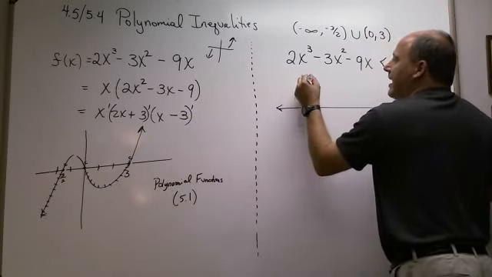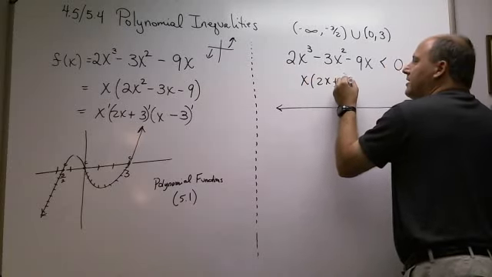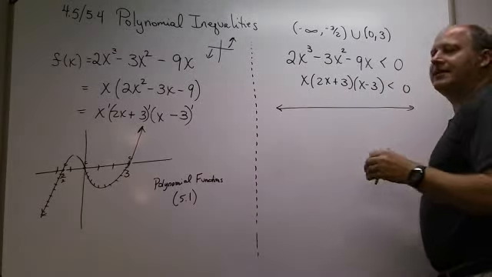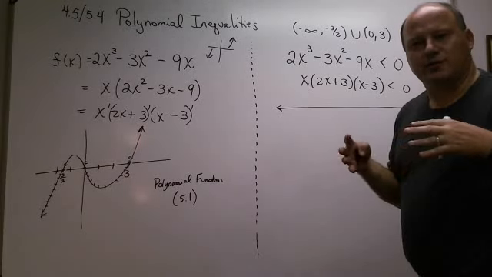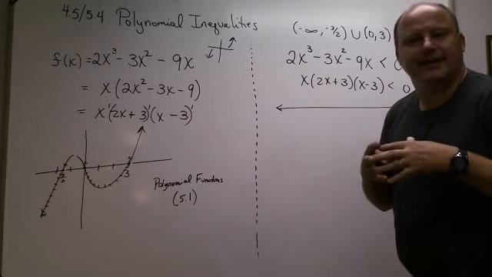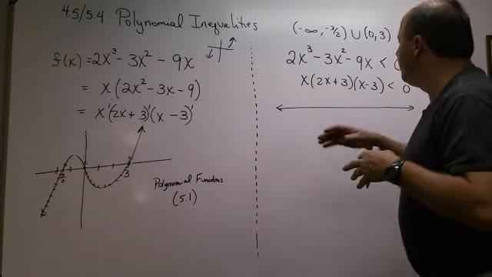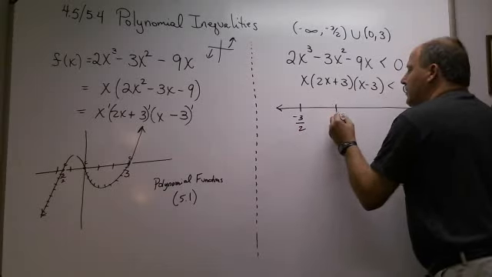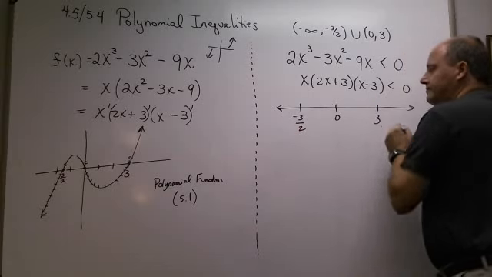So it ends up factoring to be x times 2x plus 3 times x minus 3 less than 0. These sections are really tied together. So you find the x-intercepts, so it's going to be at negative 3/2, 0, and 3.